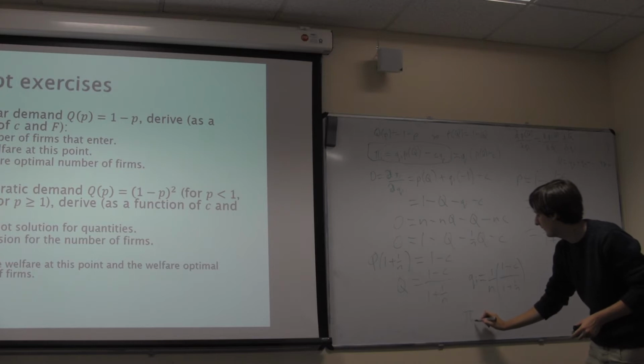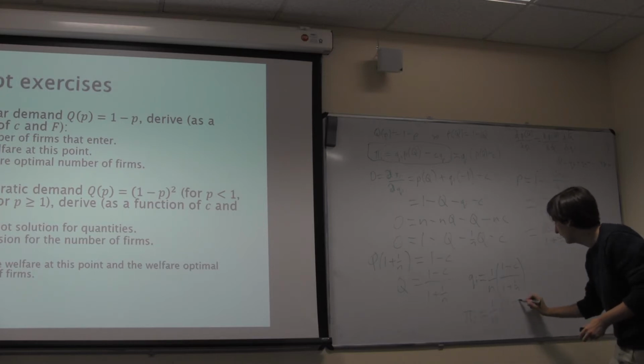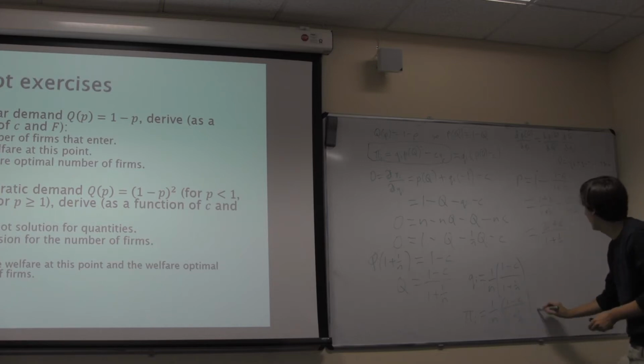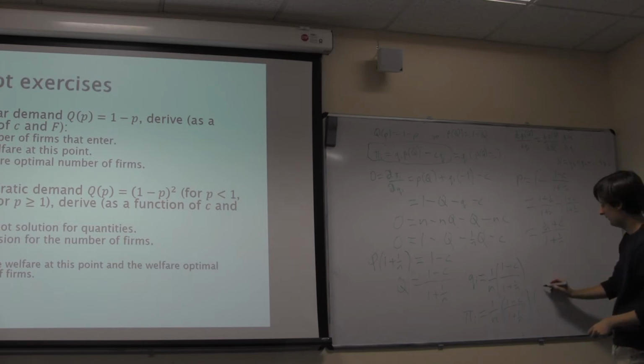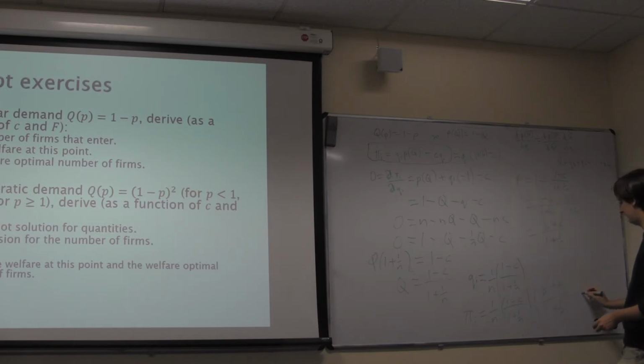Okay, so profits of firm i are going to be this thing, 1 over n, 1 minus c over 1 plus 1 over n, times price, which we worked out here. So 1 over n plus c over n plus 1 over n, minus marginal cost, which is c.